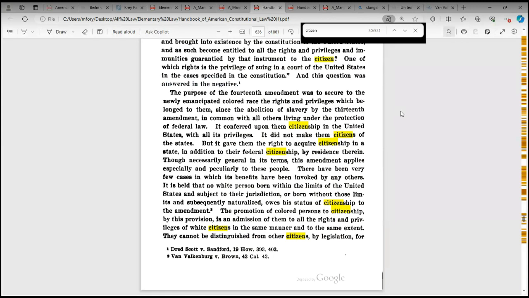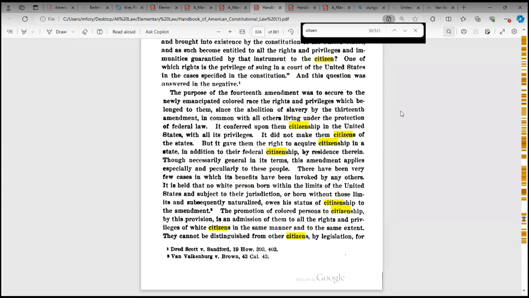Though necessarily general in its terms, this amendment applies especially and peculiarly to these people. There have been very few cases in which its benefits have been invoked by any others. It is held that no white person born within the limits of the United States and subject to their jurisdiction, or born without those limits and subsequently naturalized, owes its status of citizenship to the amendment.